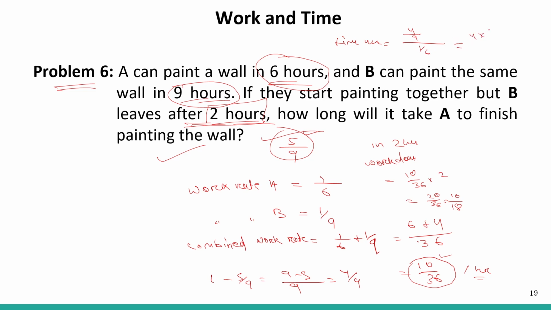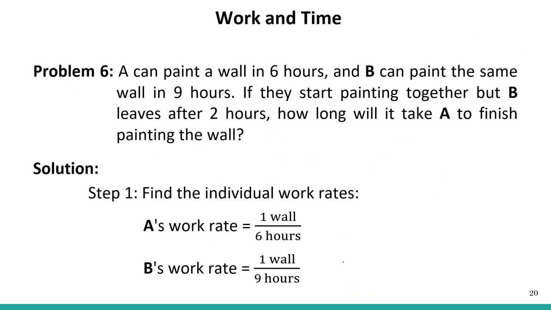So 4 into 6 by 9, or 24 by 9, is equal to 8 by 3 hours. This is how much time it will take for A to finish the remaining part, that is 4 by 9 of that wall to paint.